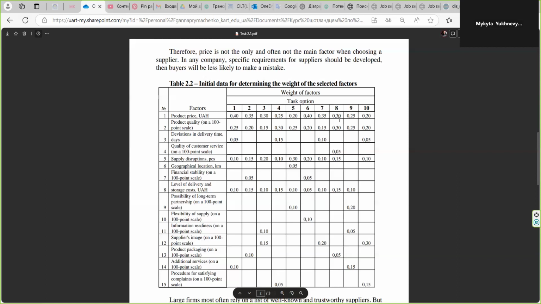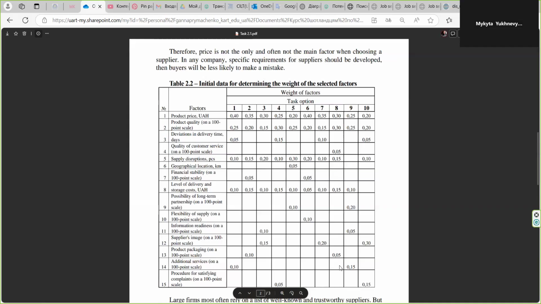Now, if we use not one as the sum of these weights of factors but use percent, then at 30% this first factor is important for our company. At 30% product quality is important. Only at 5% is our fourth factor, quality of customer service, important for us.